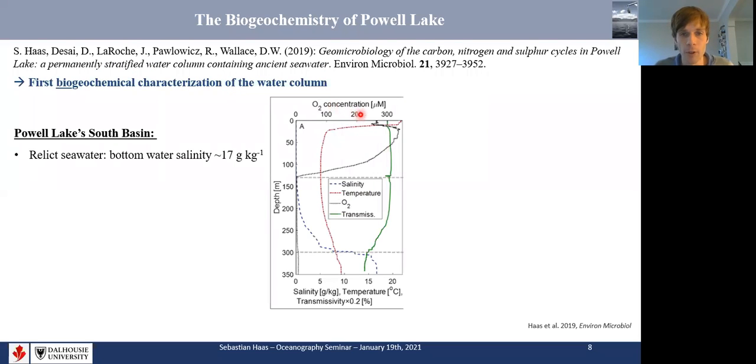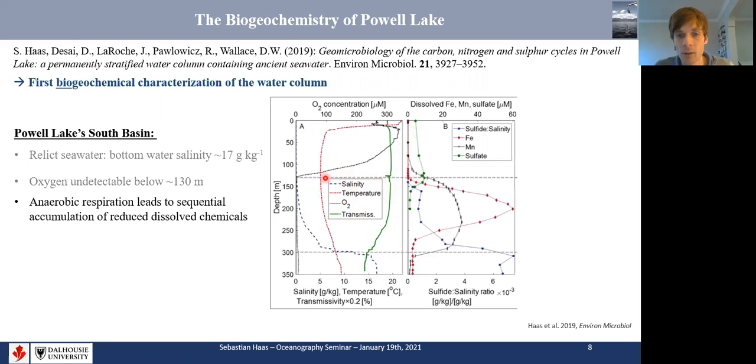I'm showing geochemical profiles from that study, where we see the 350-meter deep water column of Pow Lake, and in the blue dashed line, we see salinity going up to 17 grams per kilogram in the bottom water of the lake, indicating the presence of this ancient seawater that got trapped at the last ice age when the fjord became a lake. And due to the salinity, we get the density stratification that in turn causes oxygen to become undetectable below 130 meters because of insufficient replenishment with oxygenated water.